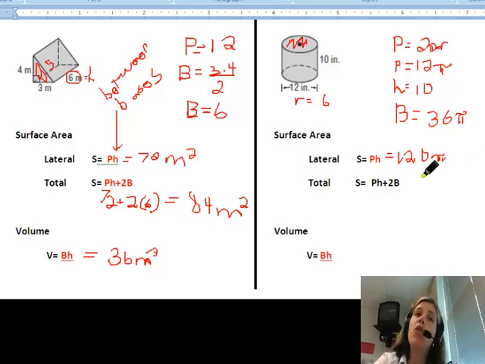Okay, for total, we've got 120 pi. Remember, that's the same as this. Okay, so it's 120 pi. It's the lateral plus our two bases. So 120 pi plus two of those bases. Each one is 36 pi. So that would make 72 pi together.